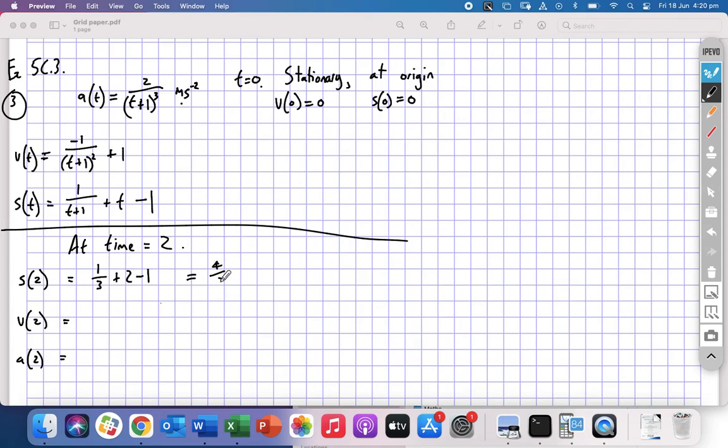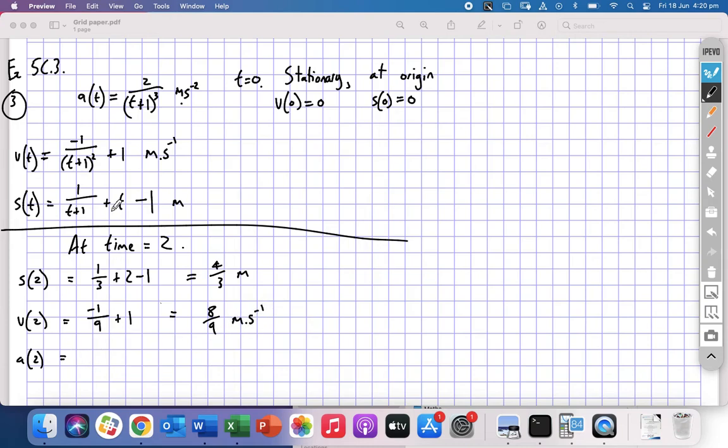And I've just realized that I should have been writing units with these functions. This is meters per second. So that's in meters. Velocity when t equals 2, we'll get minus 1 on 3 squared. If t is 2, we're getting 3 squared, that's 9, plus 1, so it's 1 minus 1/9, which is 8/9 meters per second.